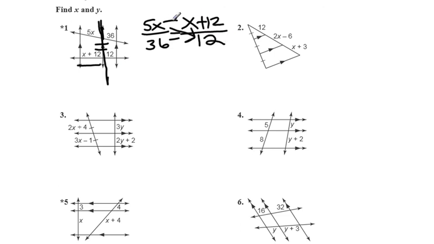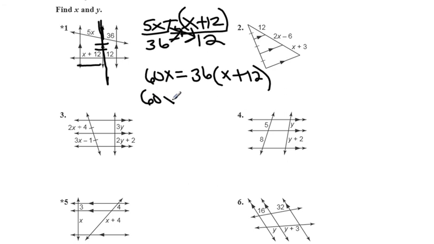Cross multiplying, we get 5x times 12, which is 60x. That equals, remember we have to put this in parentheses, 36 times the quantity x plus 12. 60x equals 36 times x, which is 36x, plus 36 times 12.